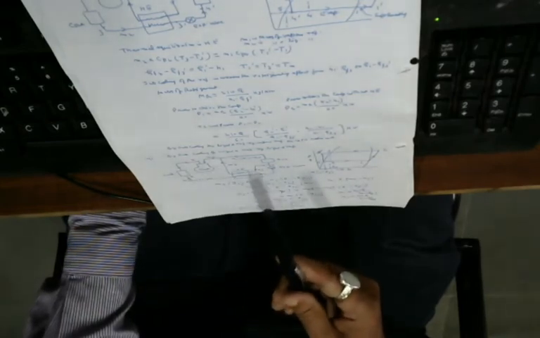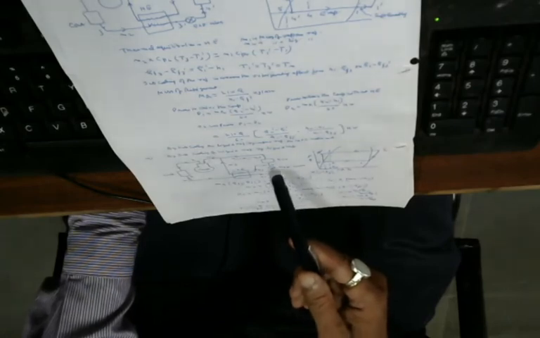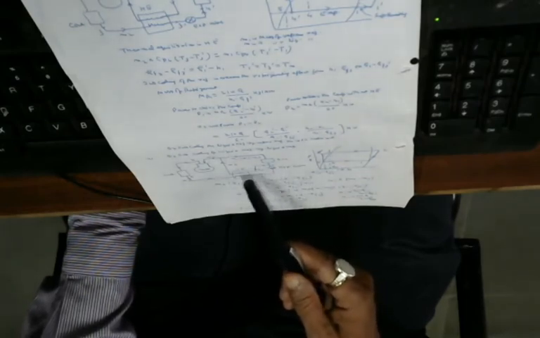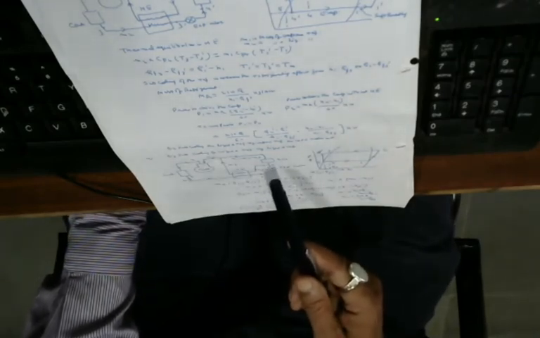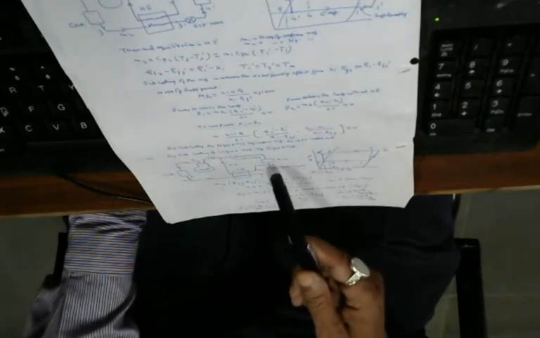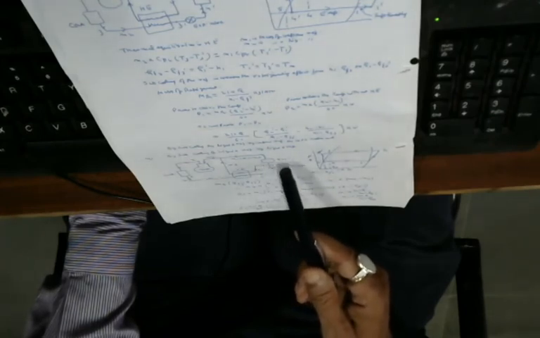Here what we are doing, we are allowing the refrigerant whose pressure has been reduced to go to the heat exchanger and then to the compressor. In the meantime, the vapor refrigerant from the evaporator is also allowed to go to the compressor.